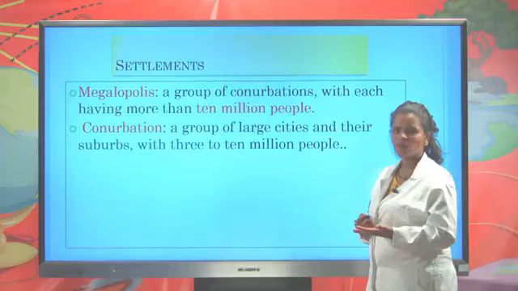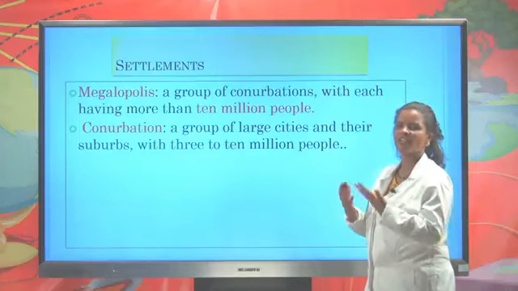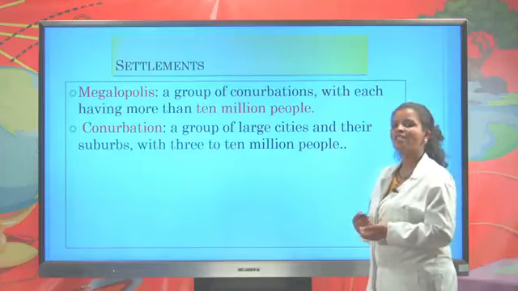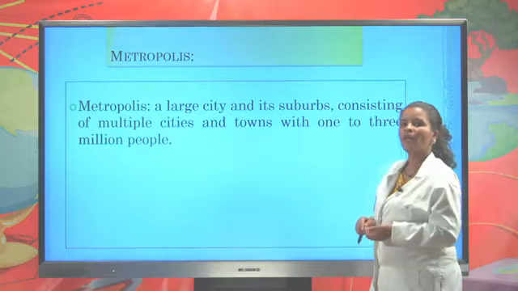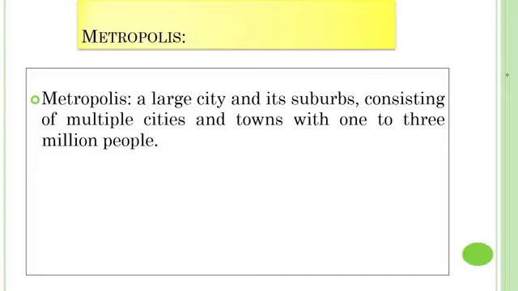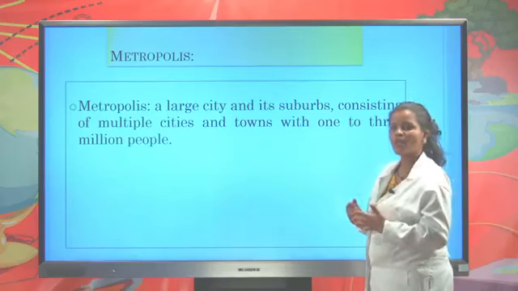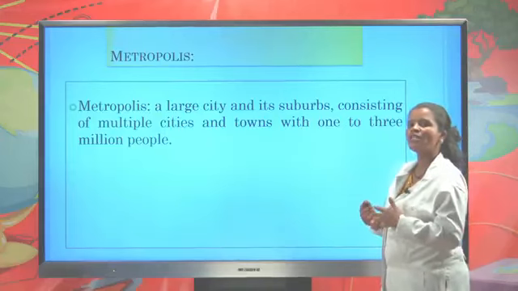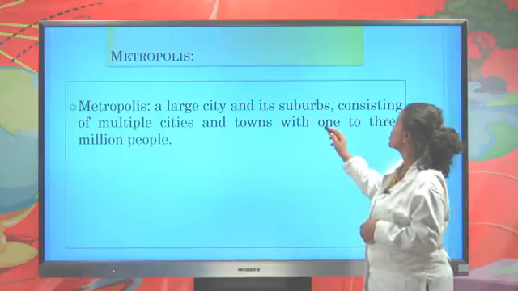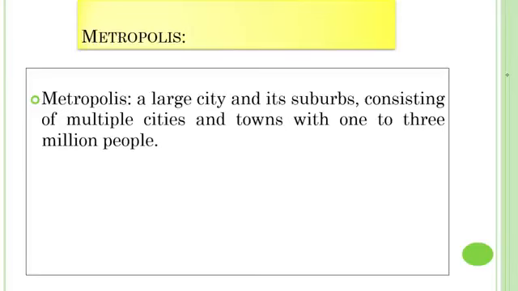Conurbation is also a group of large cities and their suburbs with 3 to 10 million people. Metropolis is a large city and its suburbs consisting of multiple cities and towns with 1 to 3 million people.